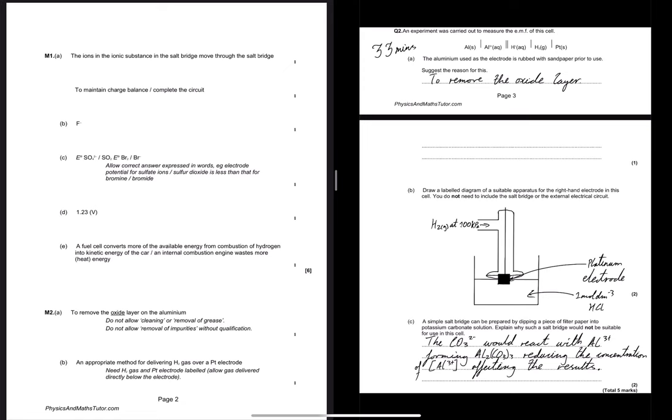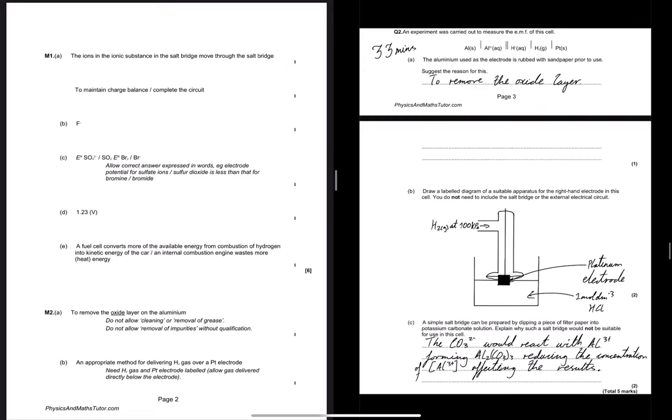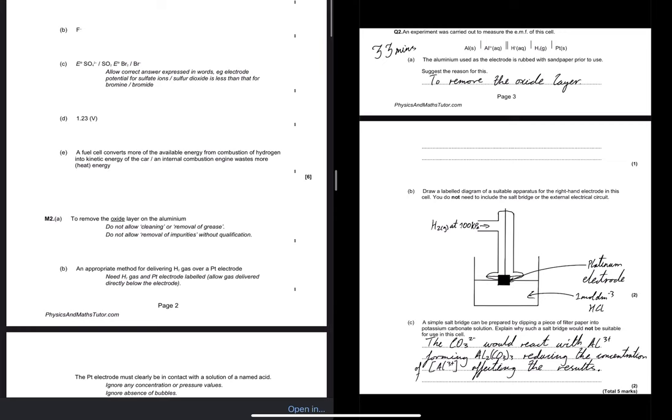Alright, so let's go through the mark scheme. Question 2: remove the oxide layer. For this question, you have to understand that aluminium is a metal and that it reacts with oxygen. We don't want aluminium oxide, we want to react with pure aluminium.